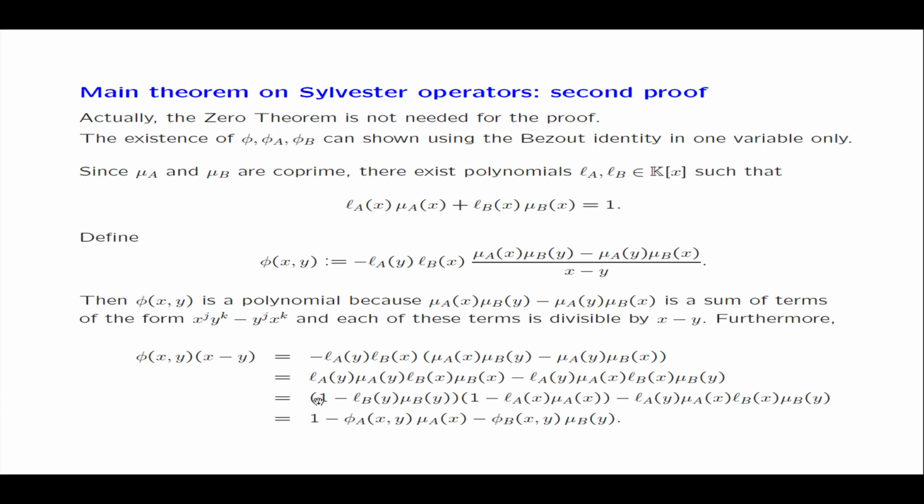And these phi's are made of the L's and the minimal polynomials. This is just by reordering terms. And now, if it comes to matrices, replace the x with our script A and the y with the script B. Then all these terms vanish, and here we have only the identity matrix, and this is a polynomial which gives the inverse.